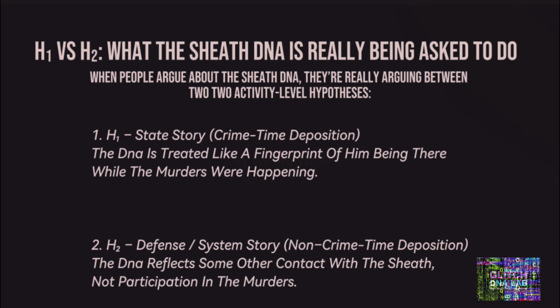It arrived before the crime, after the crime, or via indirect or secondary transfer, contamination, or lab dynamics. H2, he engaged in an alternate, legitimate, or innocent activity. The DNA reflects some other contact with the sheath, not participation in the murders. DNA by itself does not tell you whether H1 or H2 is true. Here's the non-negotiable fact. Trace low template DNA has no clock. It doesn't know when it was deposited.